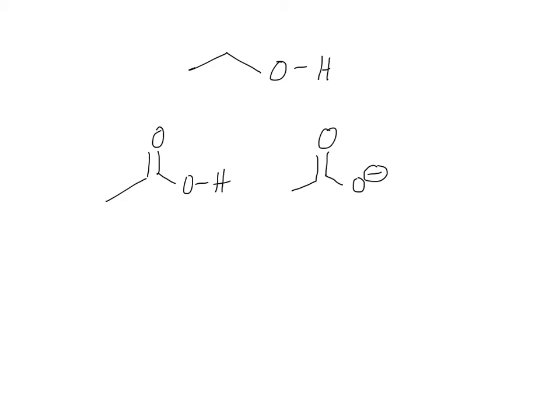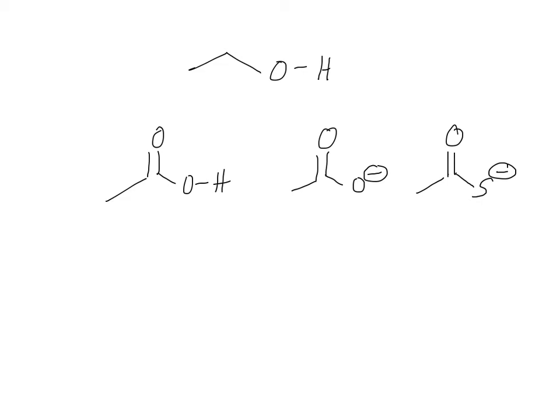Now, let's say you're comparing this carboxylate to this guy. So what have we changed? We've changed from oxygen to sulfur. What's different between oxygen and sulfur? If we look at the periodic table, sulfur is in the same period, but lower down. So sulfur is bigger.